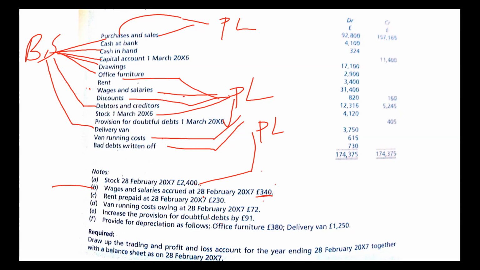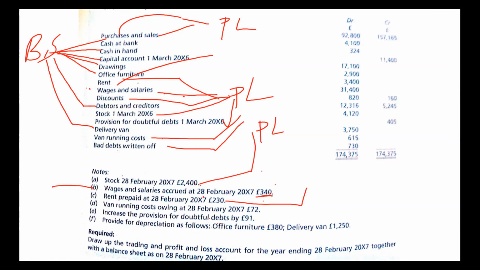You have rent prepaid. Now, prepaid expenses should be subtracted from those expenses. So for example, you have an expense here, which is called rent. The amount for rent, you subtract from it the prepaid rent.